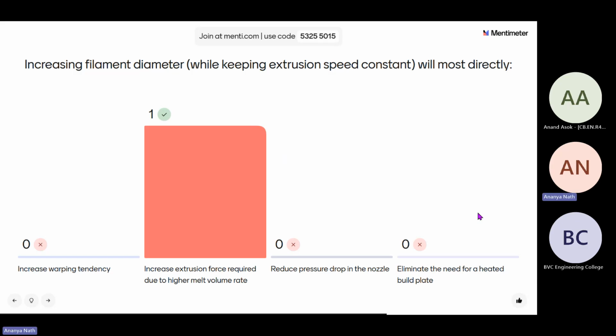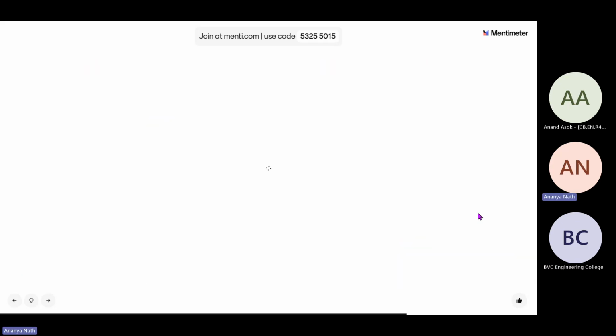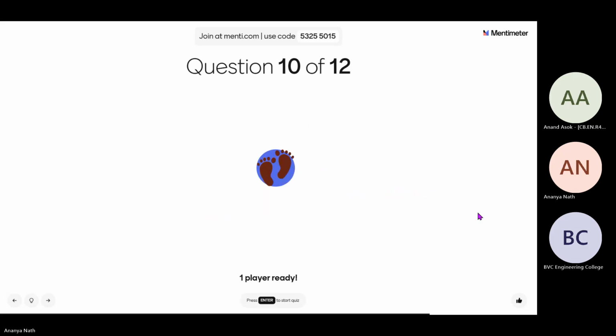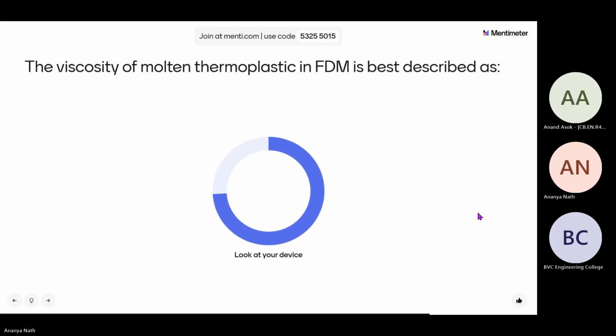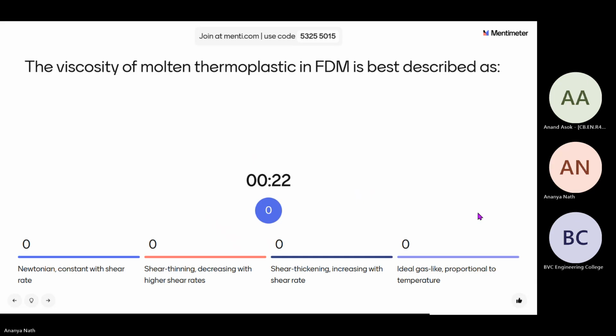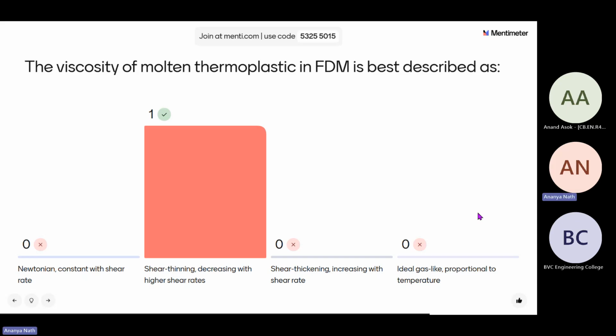Increase extrusion force required due to higher melt volume rate. Correct. Yes, shear thinning.